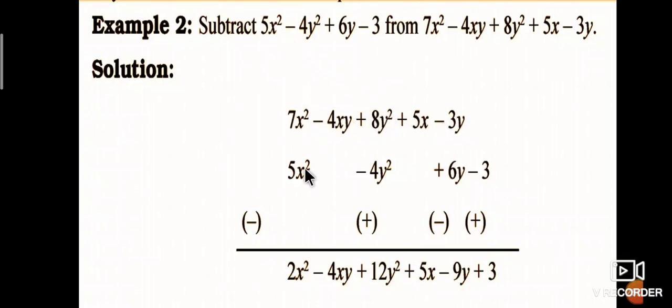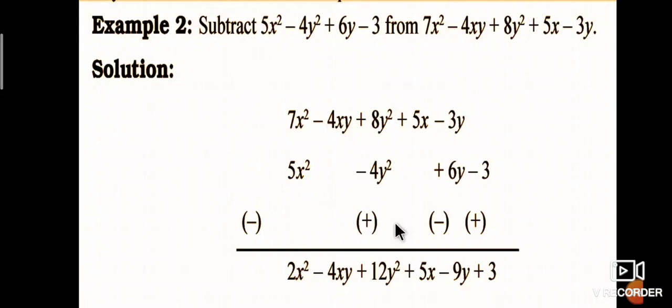Okay, next one is 5x square. Write the like terms one below the other: 5x square, minus 4y square below the 8y square, next 6y below the minus 3y, minus 3 as a constant.